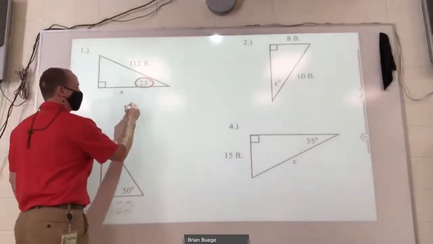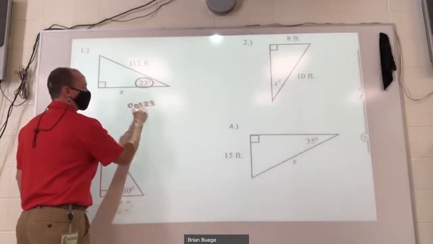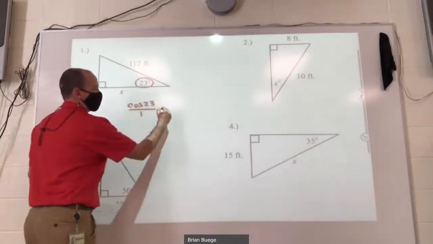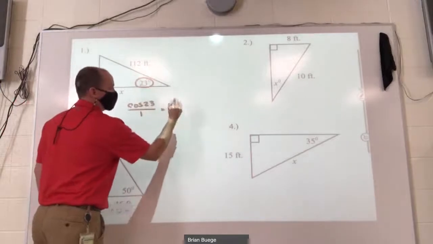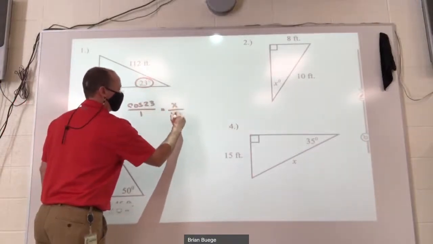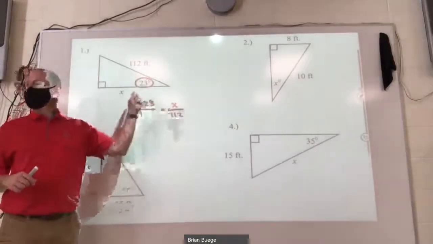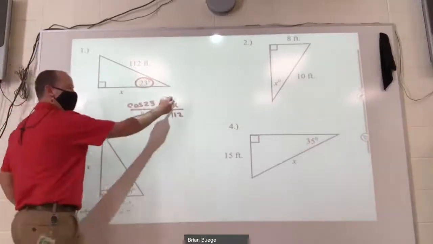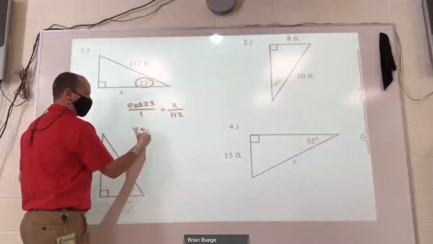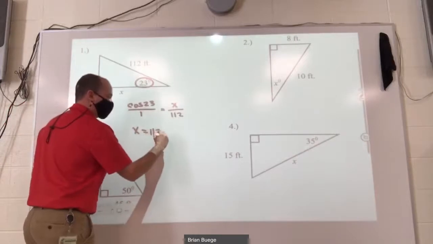So if we set this up, I've got the cosine of 23 over 1 equal to adjacent over hypotenuse. So we're taking a look at those 2 pieces. Now we've got a proportion. Let's cross multiply. X times 1 gives you X, 112 times the cosine of 23.